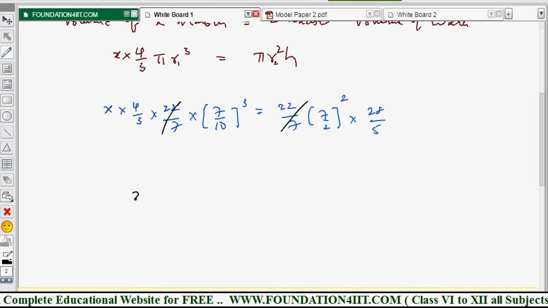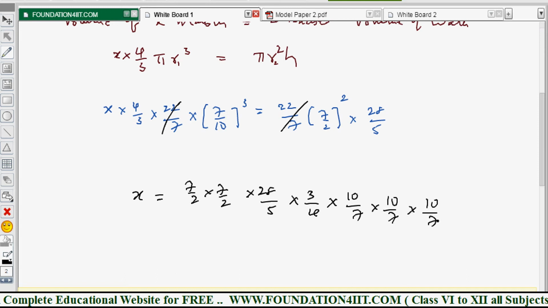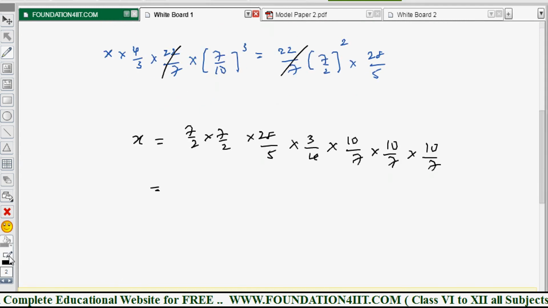So x is equal to 7 by 2 into 7 by 2 into 28 by 5, and 4 by 3 becomes 3 by 4, and 7 by 10 cube becomes 10 by 7 into 10 by 7 into 10 by 7.